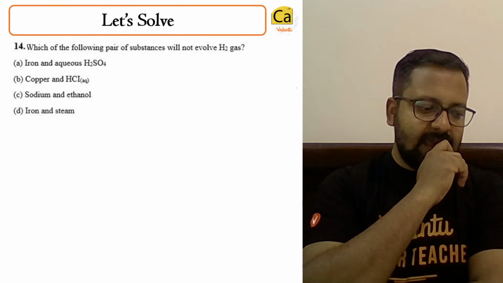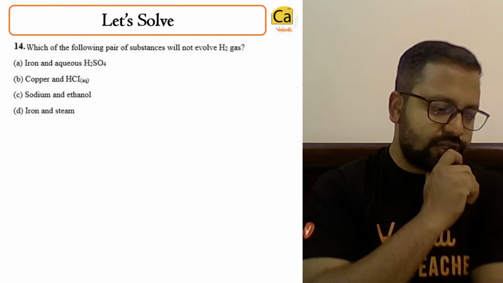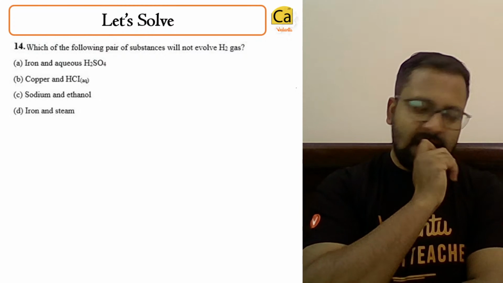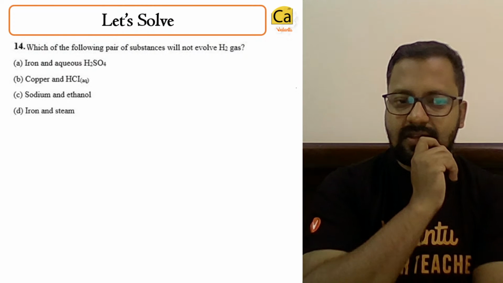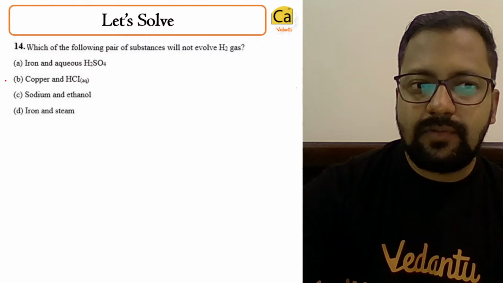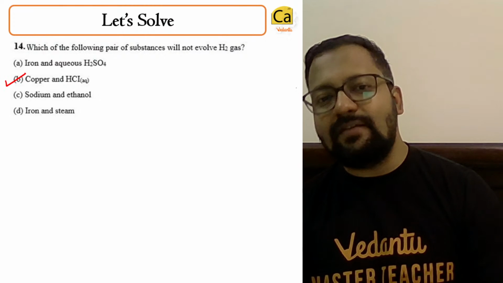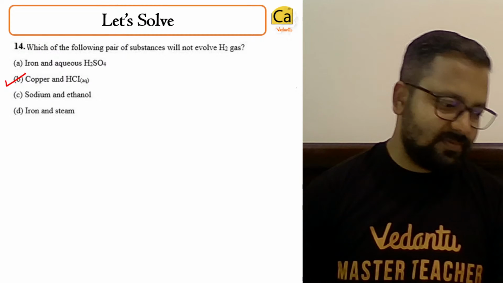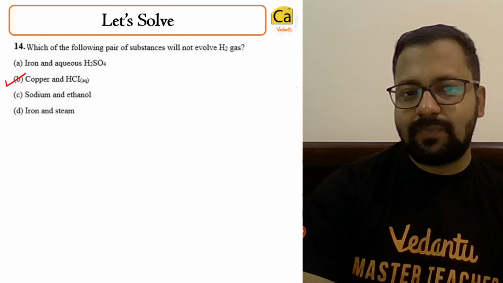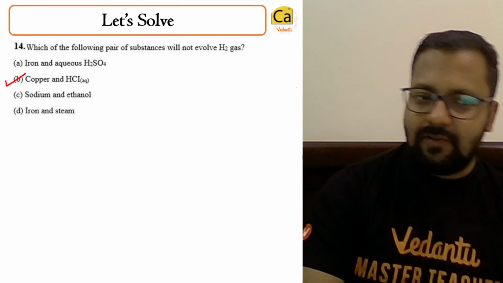The right answer has been given by Adish Jain, the quickest among you guys. The right answer is copper plus HCl. Copper plus HCl will not evolve hydrogen gas. Answer must be B. Sodium and ethanol will evolve hydrogen gas.